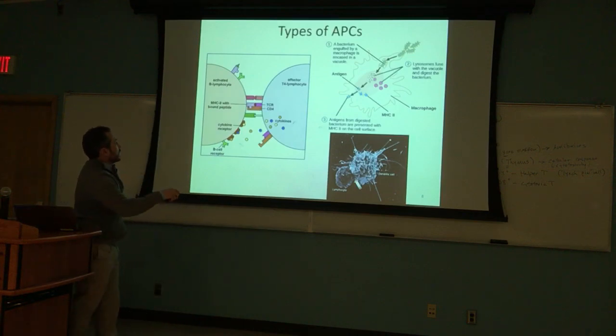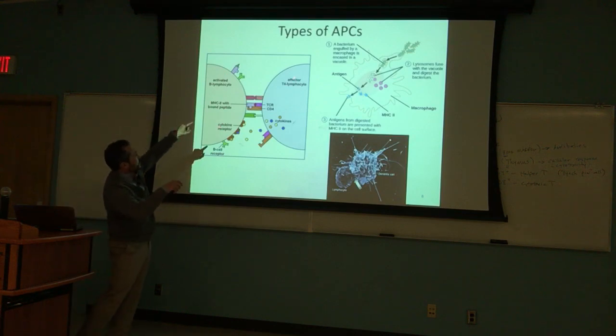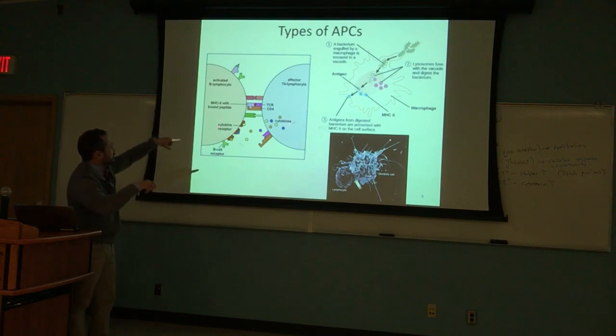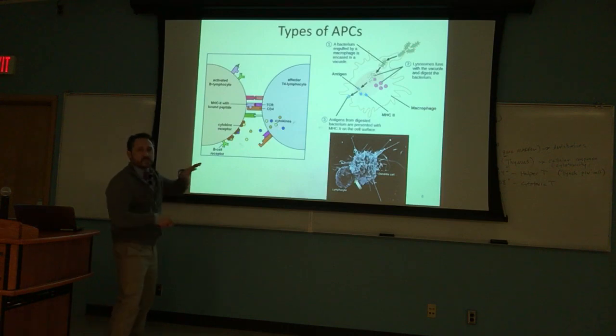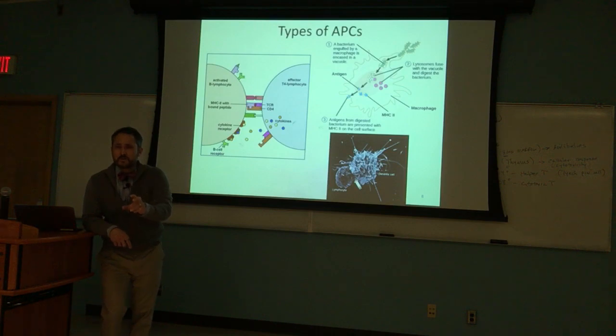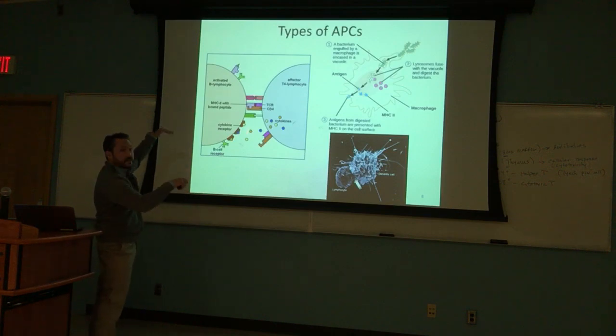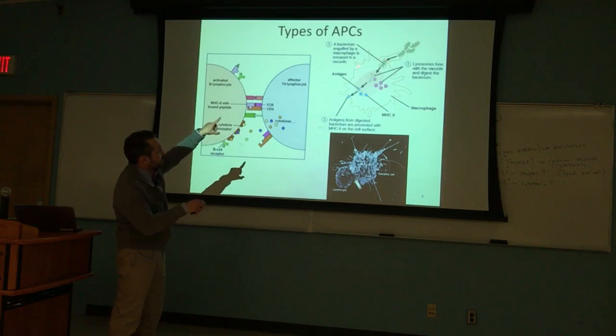Okay? And here is an MHC2, right, with an effector T cell. And you've got your T cell receptor and your CD4. This diagram is just like what we drew earlier. It's just a different picture out of a different book. So co-stimulation is happening here. Over here, this is a macrophage, right, showing the shape of a macrophage.